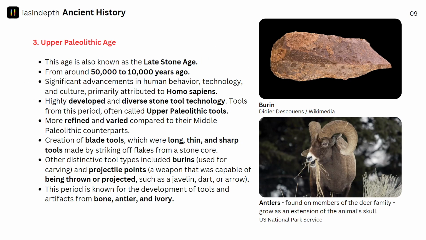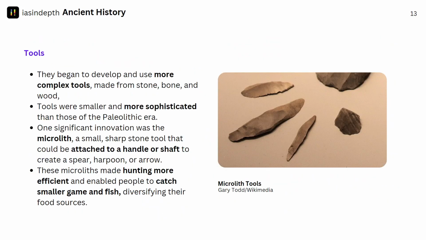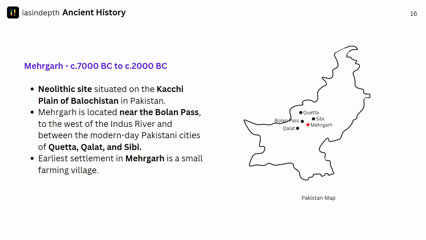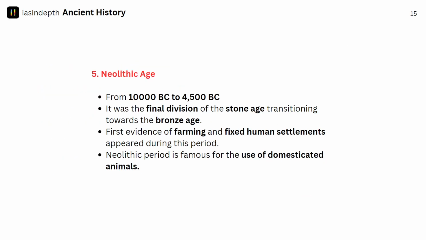Let me check. Okay, 50,000 to 10,000 years ago, Upper Paleolithic, and here you can see that the Neolithic age maybe starts from 7,000 to 2000 BC, that era. So it's between 10,000 to 4,500 BC.